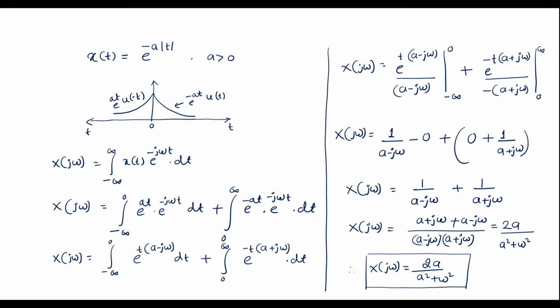Now we'll try to draw the magnitude spectrum, that is the magnitude of X(jω), which is 2a divided by (a² plus ω²). At ω equal to 0, the magnitude will be 2a divided by a², where a cancels, giving 2 by a.